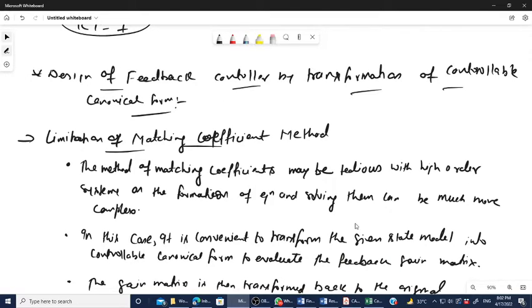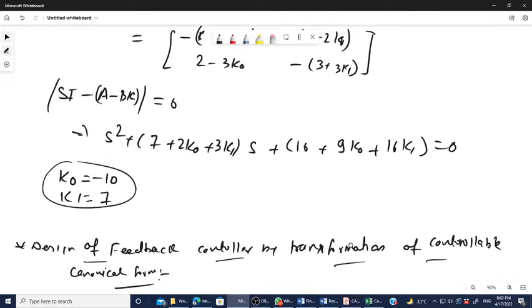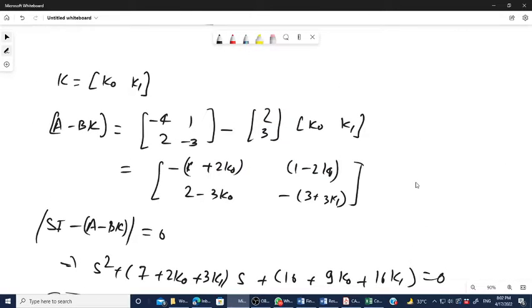So this is your converted dynamics. You can see here A minus BK; the system matrix becomes like this, and your B matrix is converted to BF.